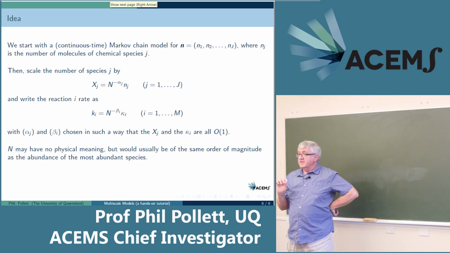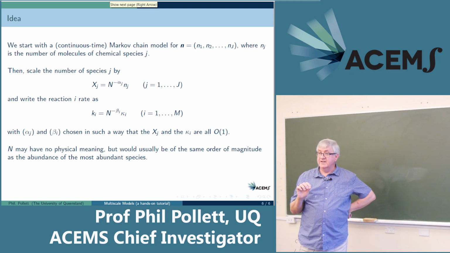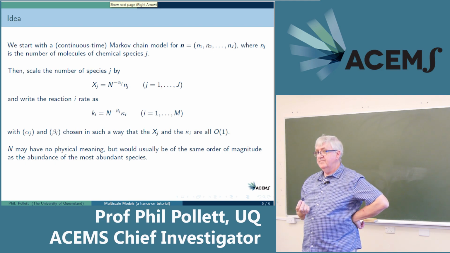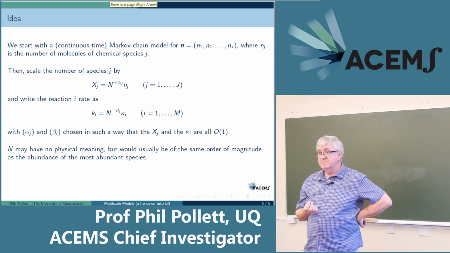The art of this, and it is an art, as there's some arbitrariness, is to choose the right scaling parameter. It doesn't necessarily have any physical meaning. It's usually going to be of the same order of magnitude as the abundance of the most abundant species.